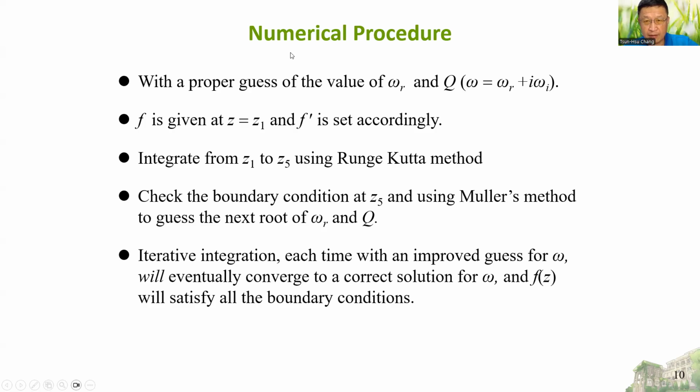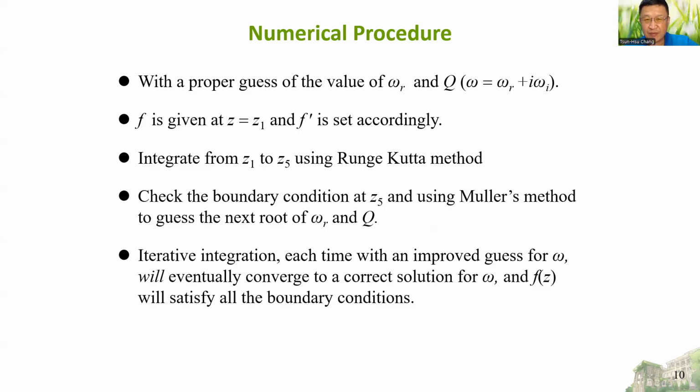Okay, now let me show you the numerical procedure step by step. With a proper guess of the value of omega r and quality factor. Initially, we make a proper guess. What is a proper guess? A proper guess means you can guess widely, it doesn't matter.